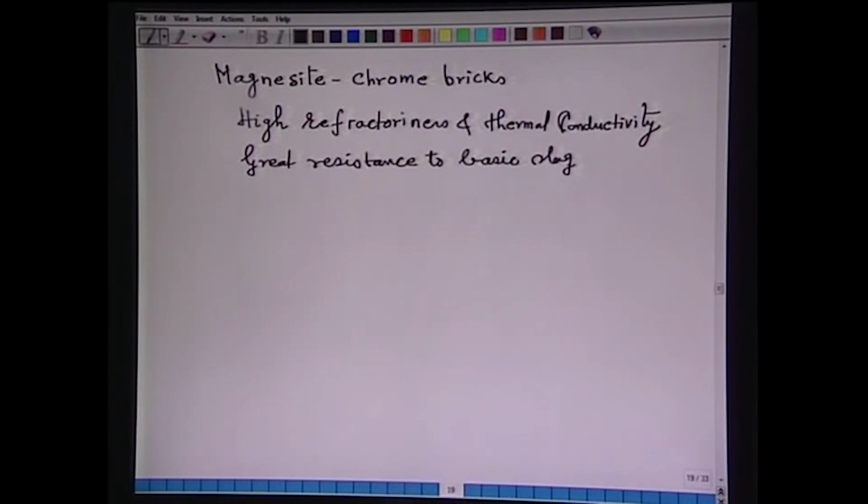But in environment, these refractories cannot be used. These refractories are say chemically bonded and metal encased bricks.